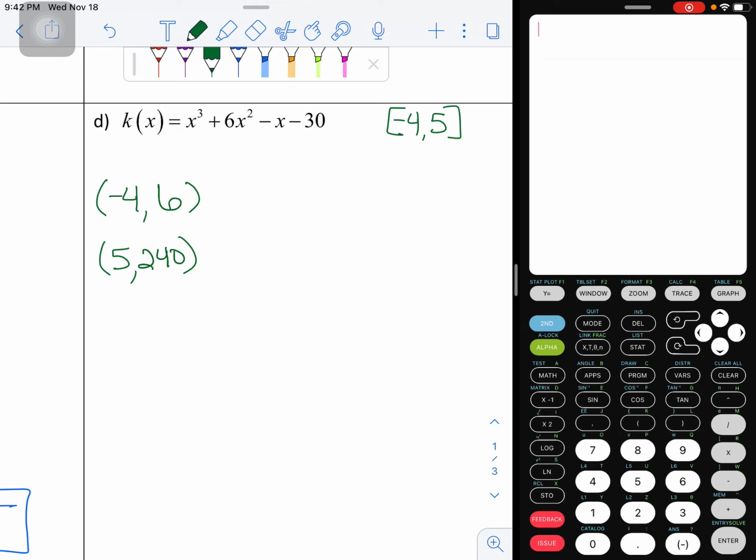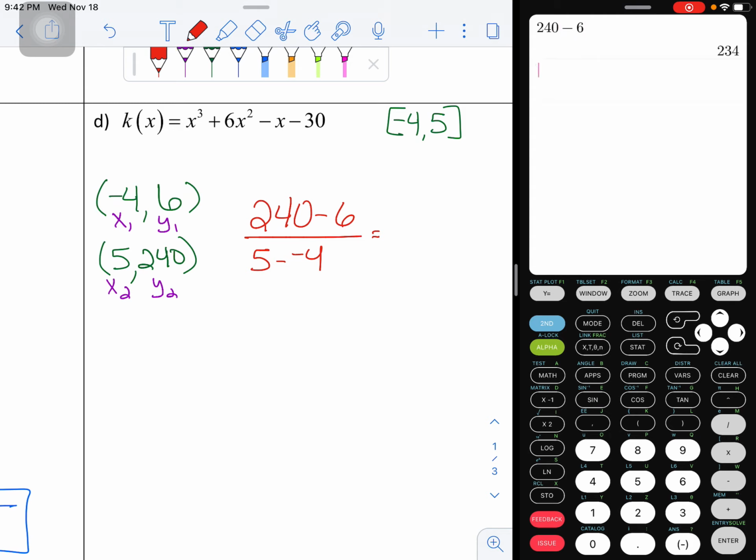This way I can use Desmos to help me with the subtraction here. This I'm going to mark as x1, y1. This is going to be x2, y2. So I'm going to do 240 minus 6 over 5 minus negative 4.